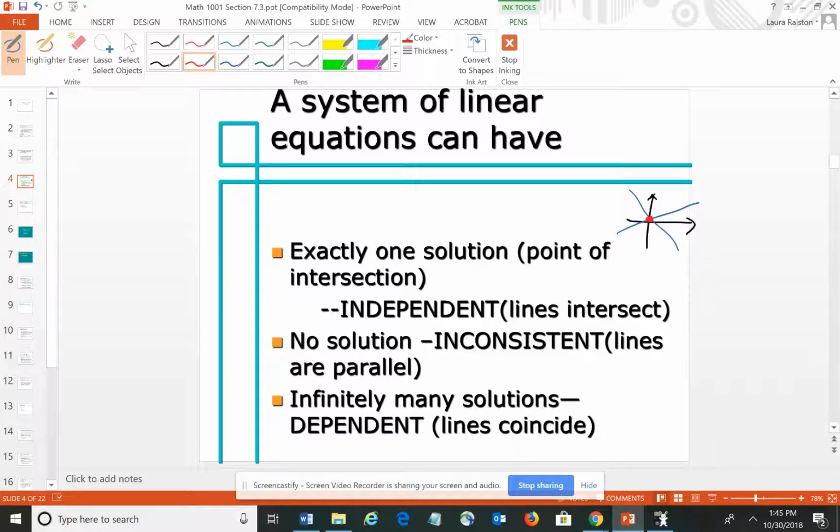Two lines only intersect at one point. The fancy algebra name for that is we call the system independent, because it has a single solution.